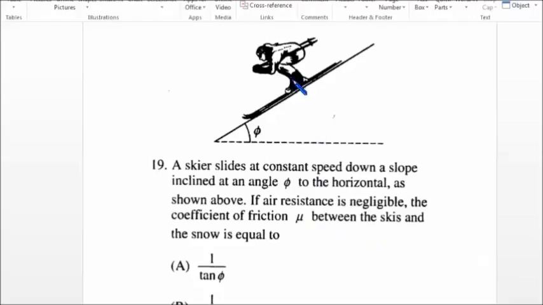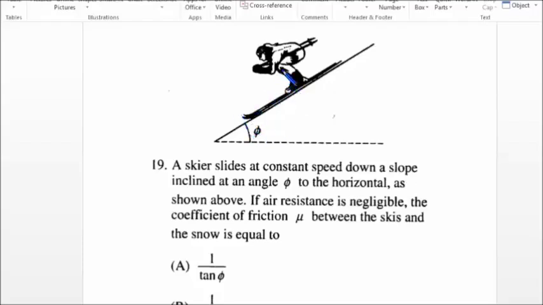The force of gravity acts vertically downwards, and the component of gravity along the plane is mg sin psi, where m is the mass of the person and g is the acceleration due to gravity.